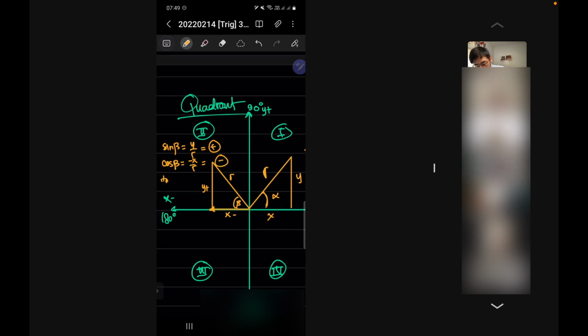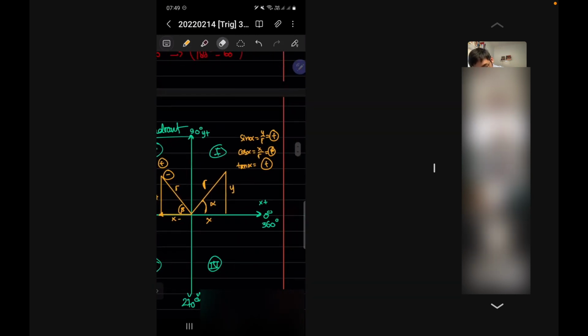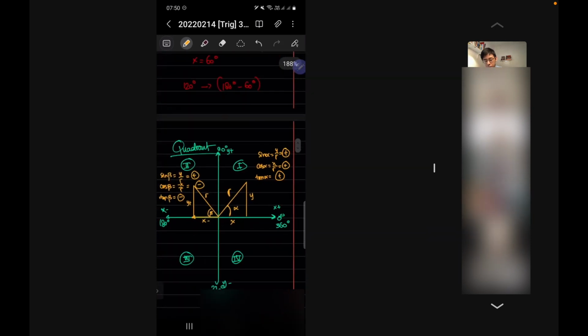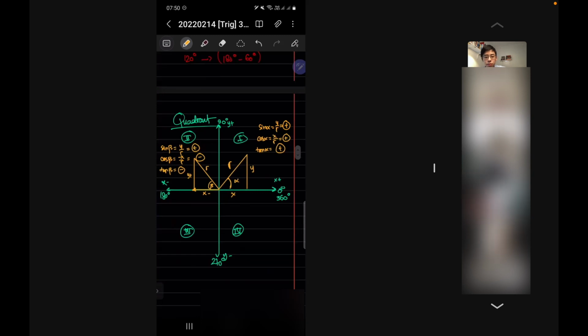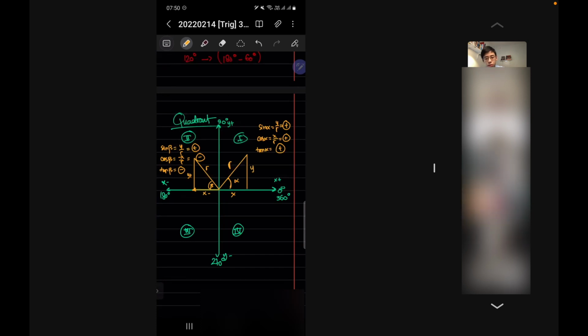And then tangent beta is positive divided by minus, so it's minus.